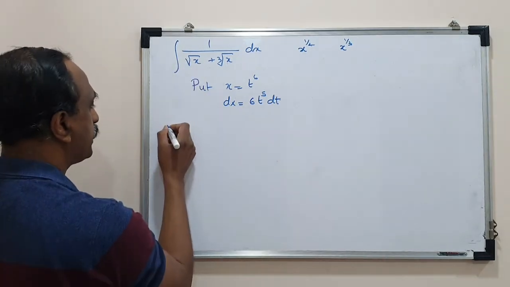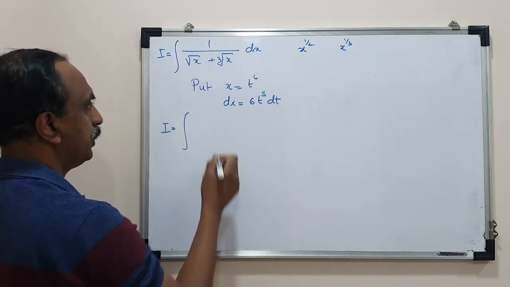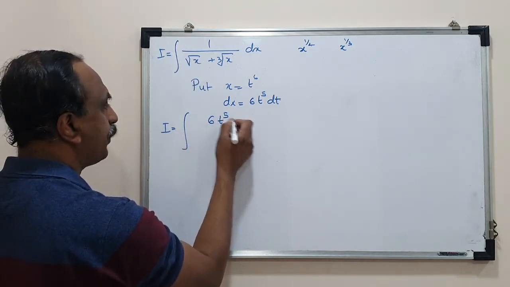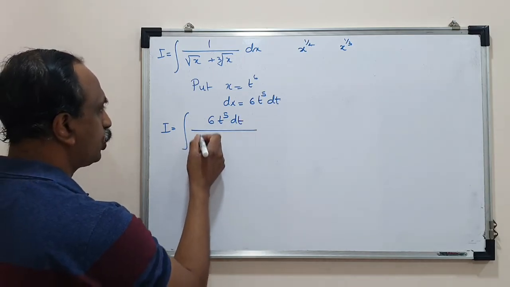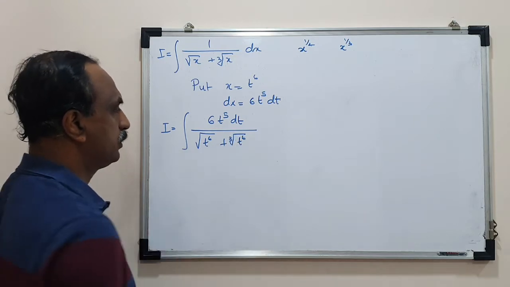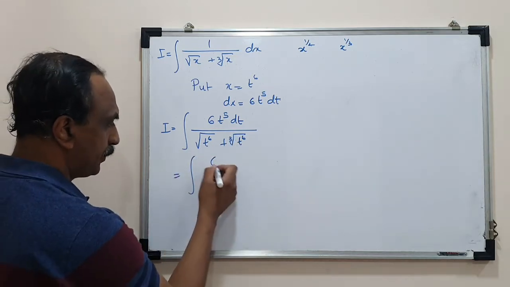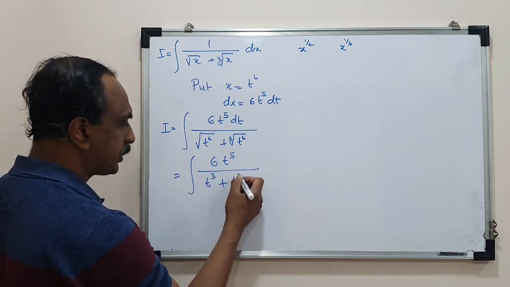So I can replace this as I is equal to integral 6 t raised to 5 dt divided by root of t raised to 6 plus cube root of t raised to 6, which I can write as 6 t raised to 5 upon t cube plus t square.